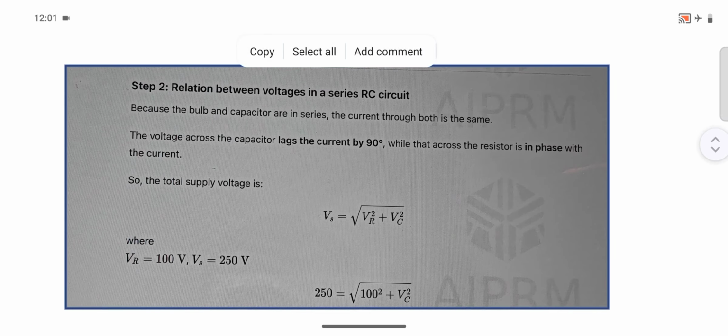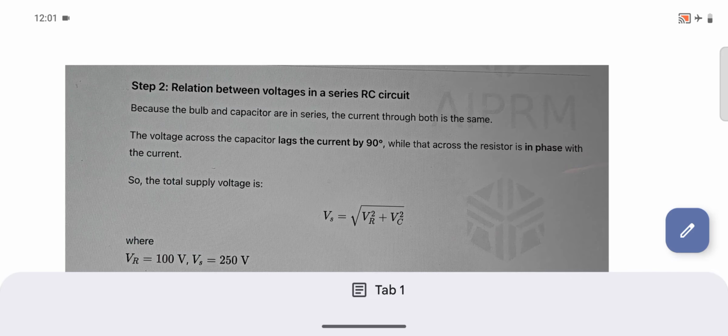Next, the relation between voltages in a series RLC circuit. Because the bulb and the capacitor are in series, the current through both is the same. If it is in series, current will be same. If it is in parallel, potential difference will be same.